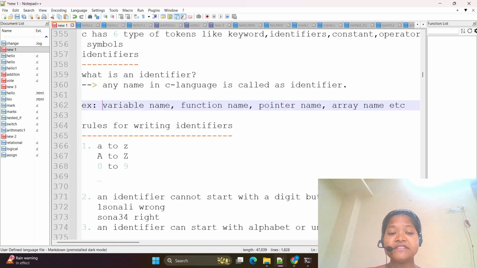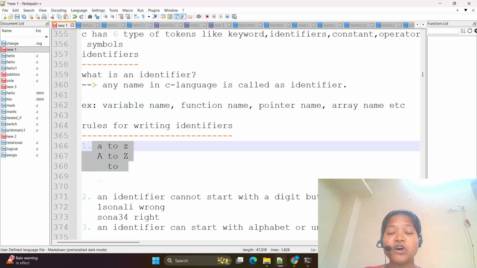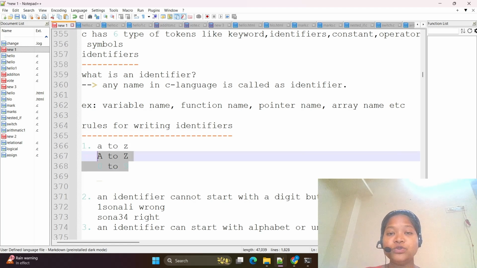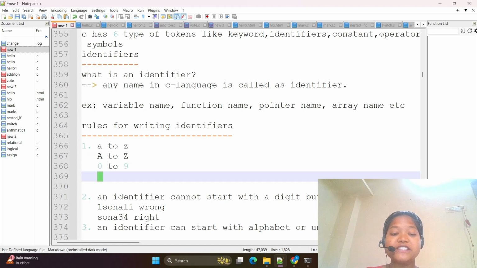Rules for writing identifiers. There are some rules that the developers of the C language made for writing identifiers. So what are the rules? The first rule is we can use the alphabets small a to small z and capital A to capital Z, and 0 to 9, and only one special symbol is included, that is underscore.